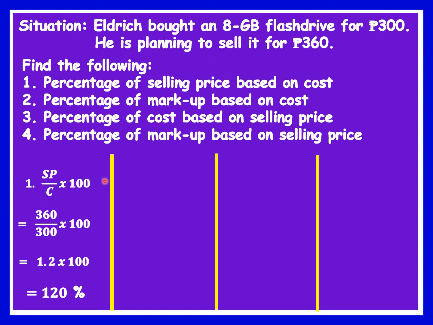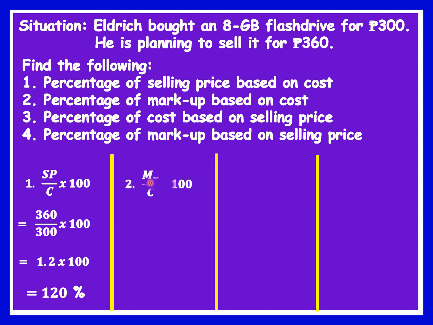Let us proceed to solution number 2. In solution number 2, we will find the percentage of markup based on cost. In this particular situation, the markup is the difference between the selling price and the cost. So the difference is 60. So that will be 60 over the cost 300.